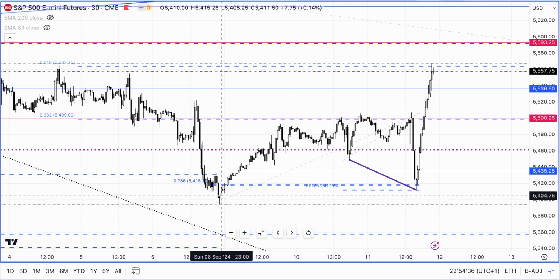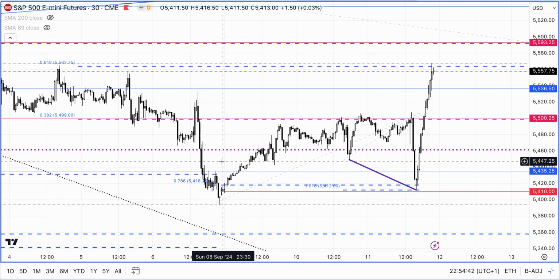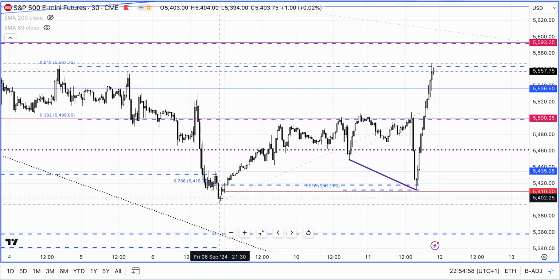So 54.10, there we go. And the market had closed on Friday, 6th of September, at 54.03 and 3/4. So 54.03 3/4.